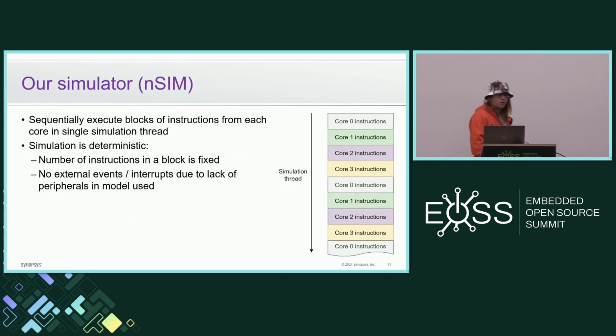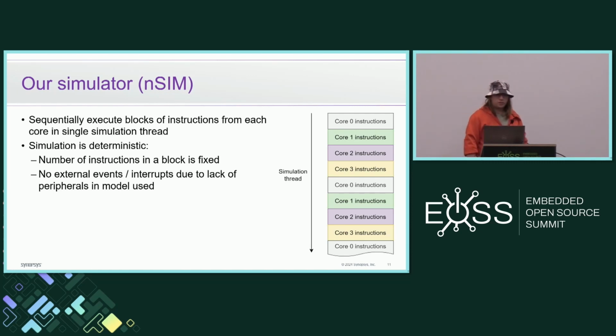And now a few words about our simulation. Our simulator can simulate a multi-core processor, and in that case, it just runs and executes blocks of instructions from each core in a single simulation thread. So we execute a block of instructions from core 0, after that from core 1, 2, 3, and after that again from core 0, 1, 2, 3, and so on.